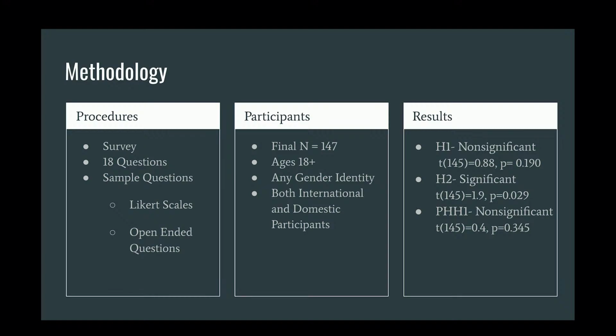We got 147 usable responses, ages 18 all the way to mid-90s, any gender identity, as well as international and domestic participants. As you can see here, our H2 was significant, but our post-hoc H1 was non-significant. As we go on, I'll talk about the implications of the non-significance of post-hoc hypothesis 1.